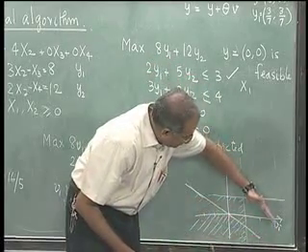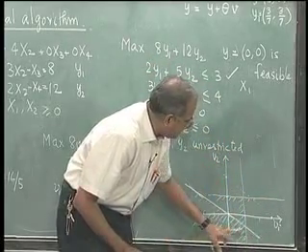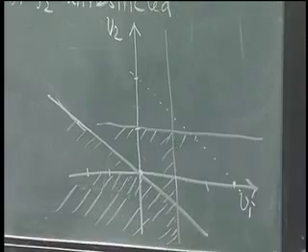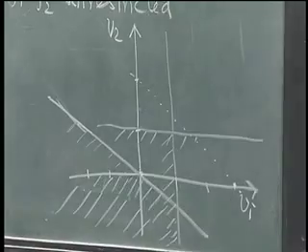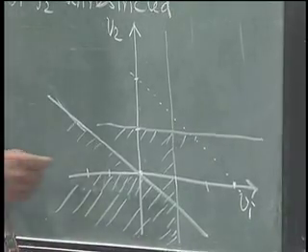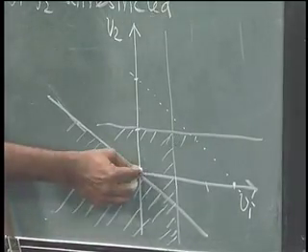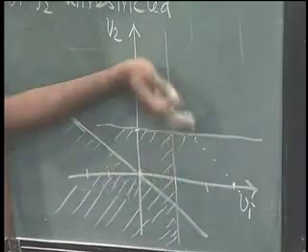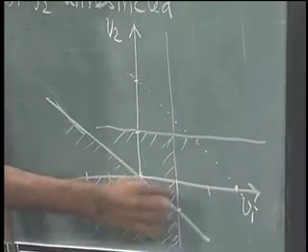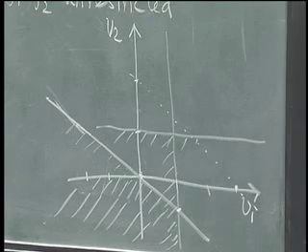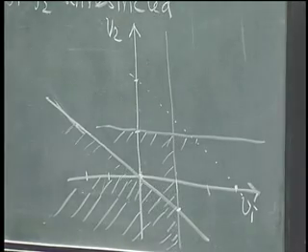So, as it moves here, the last point that it will actually touch is V1 is equal to 1 and V2 is equal to minus 2 by 5. So, this will be the point, this is 0 0, this is V1 equal to 1. So, as it moves, this is the last point which will come here. So, V1 is equal to 1, V2 is equal to minus 2 by 5.